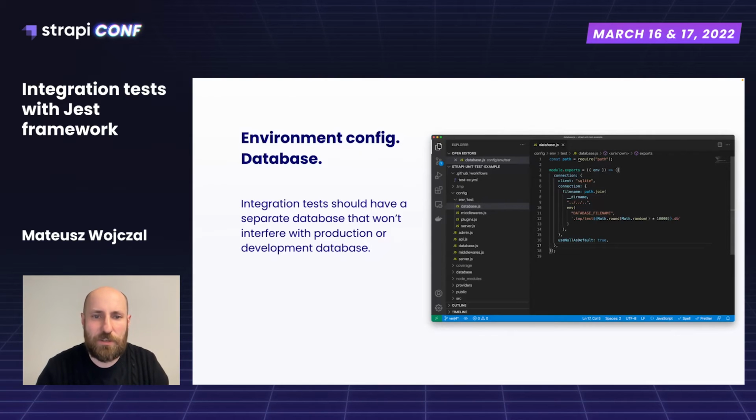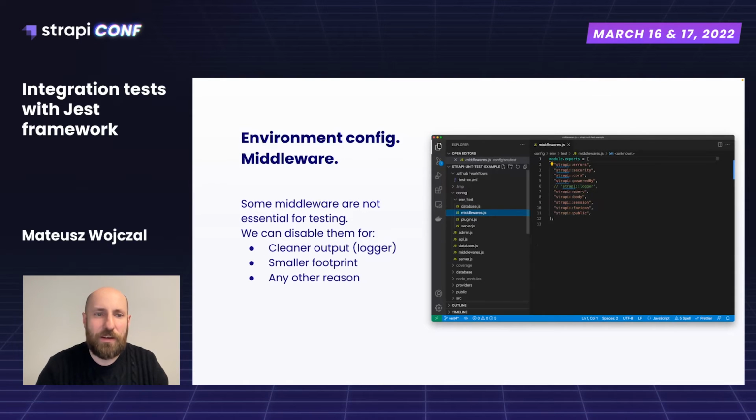And also here I'm just generating a random number for the file that will be attached to the database file. And we can just disable some middlewares, so the output of the test will be cleaner, and there will be a smaller memory footprint and launch footprint.